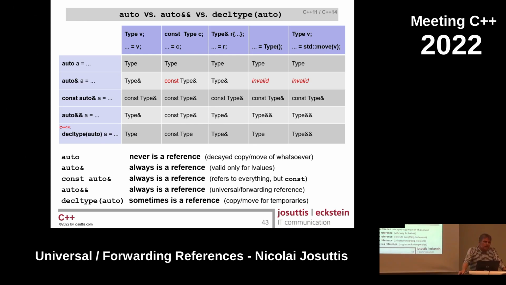Const auto reference means we bind to everything, but it is const. Without the const, it is always a reference, maybe const, maybe not, depending on what we refer to. And decltype auto means if it's a temporary object, it's an object. If it binds to an R value, it's still a reference. Pretty simple, huh?